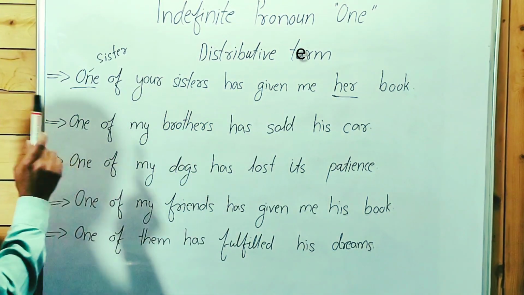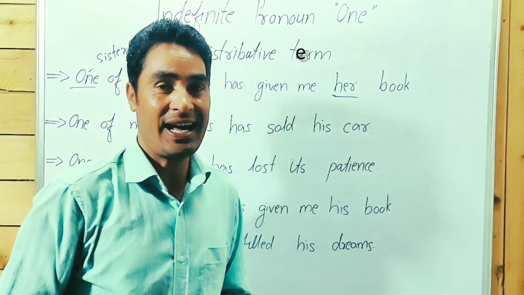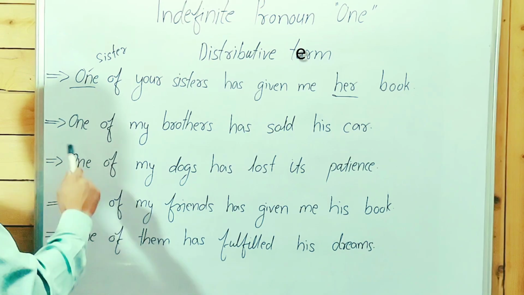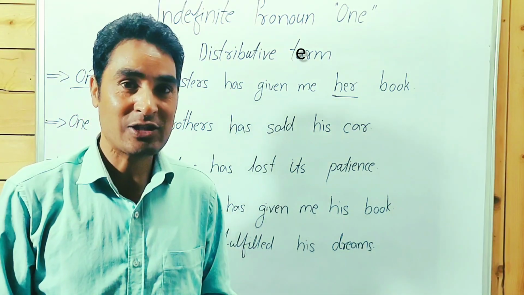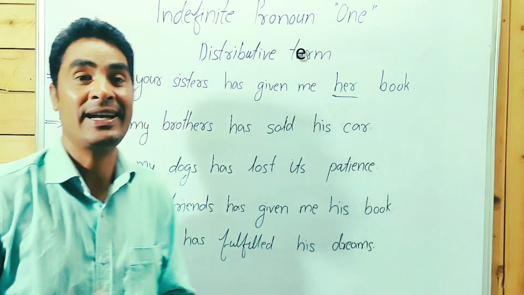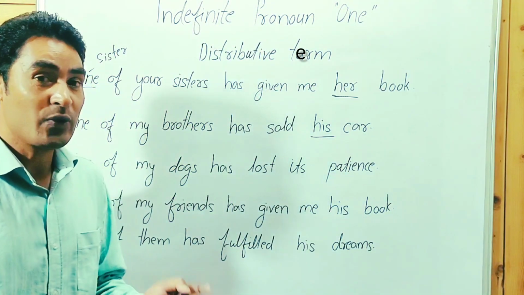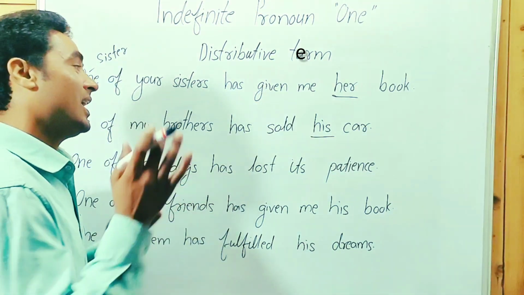And in this sentence, one of my brothers has sold his car. One means we are talking about a brother. Brother is masculine gender. As you know, for masculine gender we use his. We don't use other.